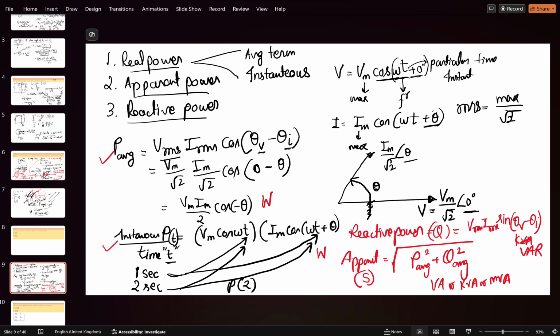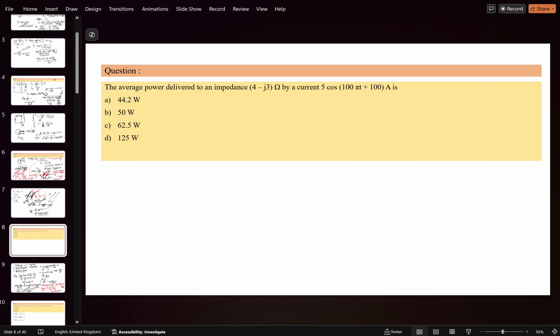Okay, using this concept, let's try to solve this question. What is it asking? It is asking average power, not instantaneous power. Average power we already defined as Vrms, Irms cos of (theta V minus theta I).